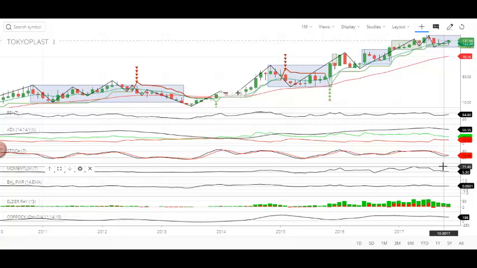So all these factors are dragging down the stock at this moment, and making the stock move sideways. So considering all these things, as per me, at this moment this stock can be considered for a short-term investment, not medium and long-term investment. Okay, so that is the conclusion.